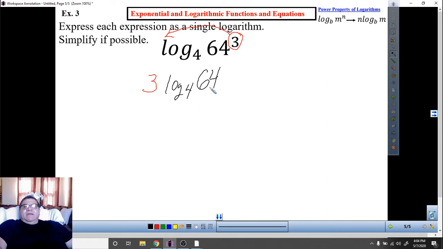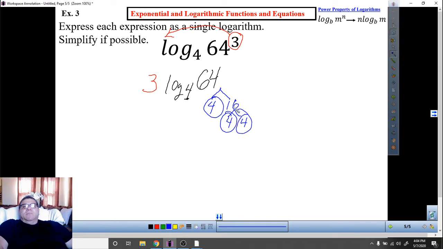So now let's focus here. Now, can we write 64 using the same base? What is a base right now? 4. Can you write 64 with base 4? All right, let's find out. 64 divided by 4 is 16, okay. And 16 divided by 4 is 4.